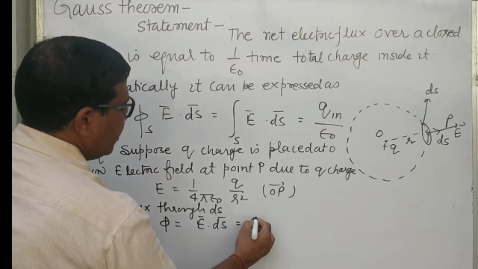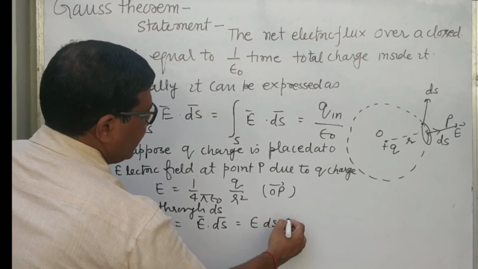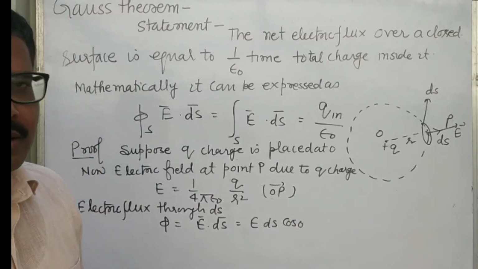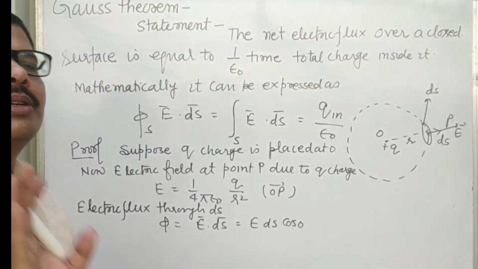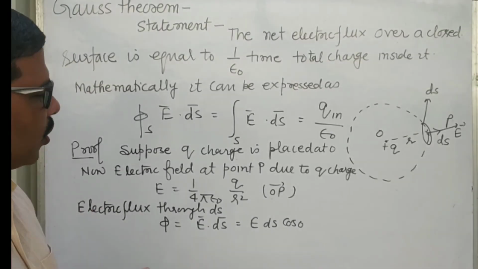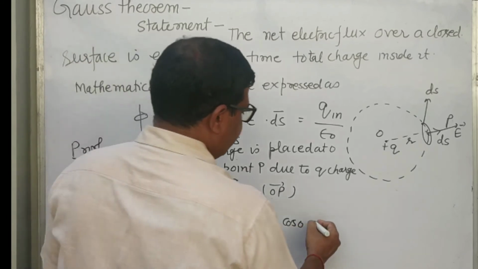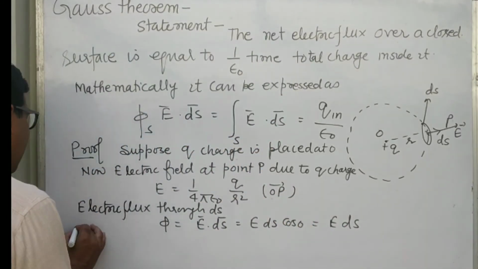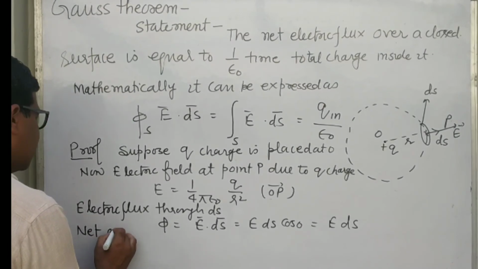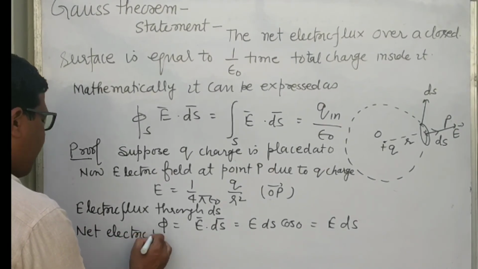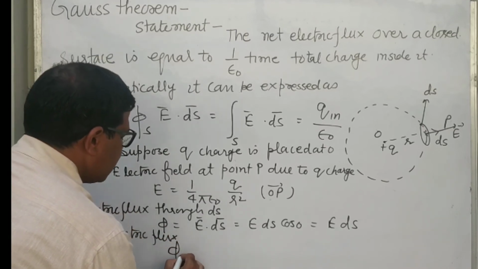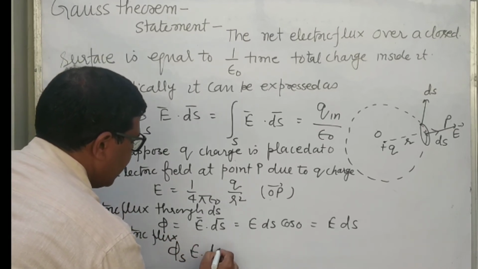The angle will be 0, E ds cos 0, because E and ds both are in the same direction, that's why the angle between them is 0. So it becomes E ds. Now the net electric flux, that is surface integration E into ds.